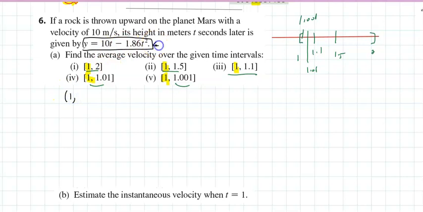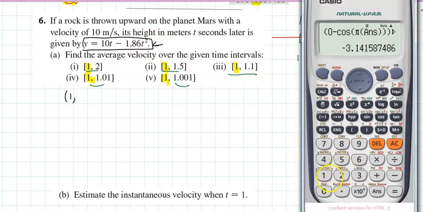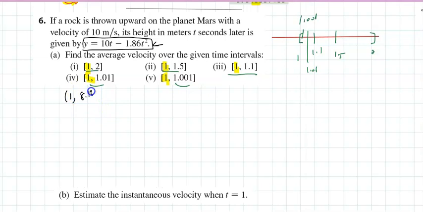If I plug 1 in, if I take 10 times 1 minus 1.86 times 1 squared, I'll get 8.14. So in the first case, I'm running from 1 to 2 and I have to plug 2 in. Then in the second case, I'm running from 8.14 to 1.5 and whatever that is.